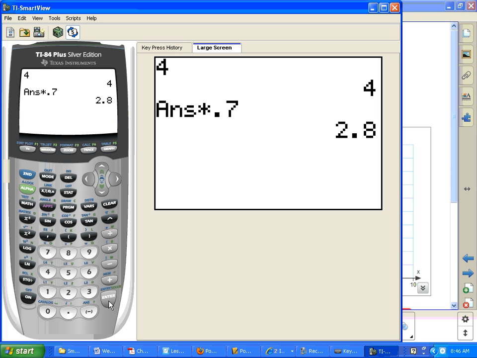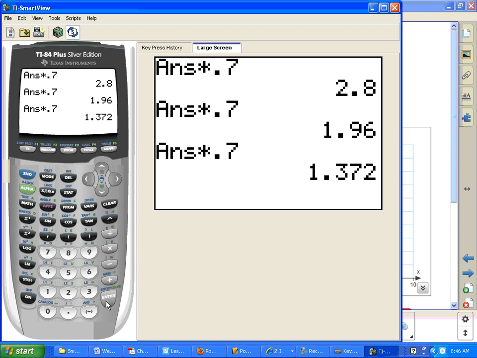And the nice thing about your calculator is that it has this last answer feature. So all I need to do is keep pressing enter to get my next numbers. It will take the previous answer and multiply it by 0.7. This is actually a recursive formula here. Because I'm taking my current answer and multiplying it by 0.7 to get my next answer.